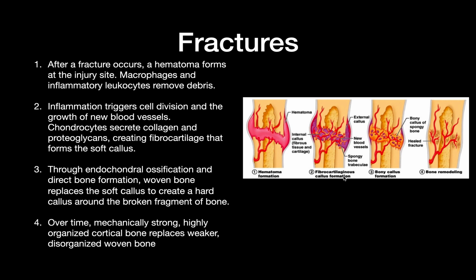So fractures. After a fracture occurs, a hematoma forms. And then a callus starts to develop, and new blood vessels start forming in it. And they start to ossify into the hard callus, the bony callus.